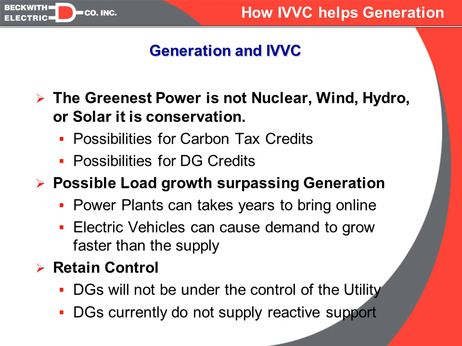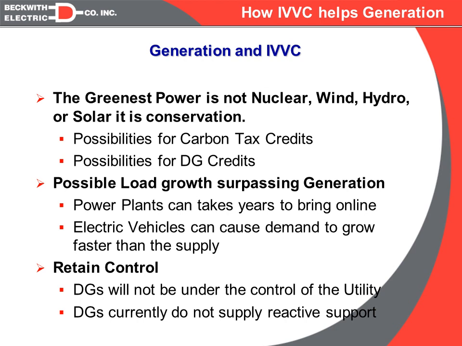Other problems coming up in generation is that it takes several years typically to bring a new plant online. And with the advent of all electric vehicles, if that demand continues to increase, it's going to put a lot more stress on the electrical system overall, and will need additional generation. And we don't want to get to a point where the load exceeds the amount of generation that can support that load.